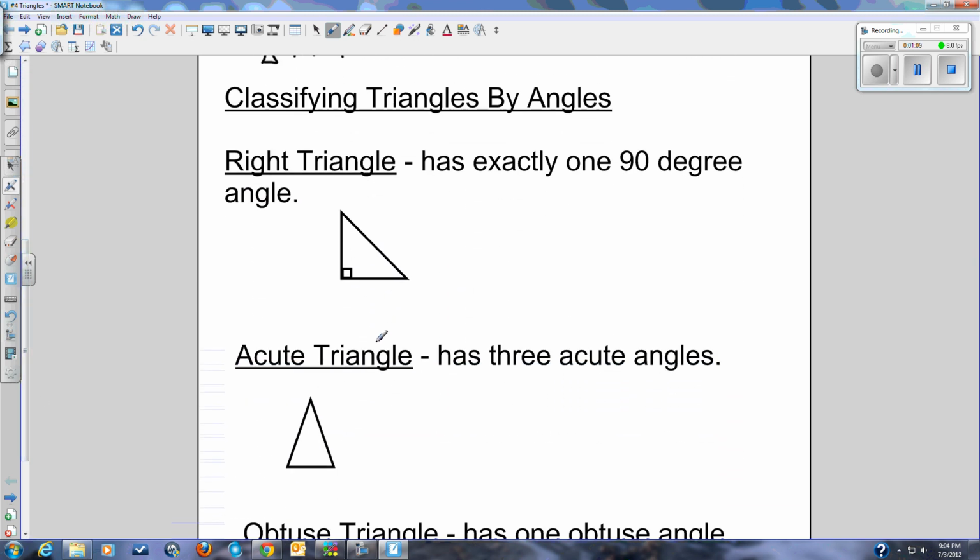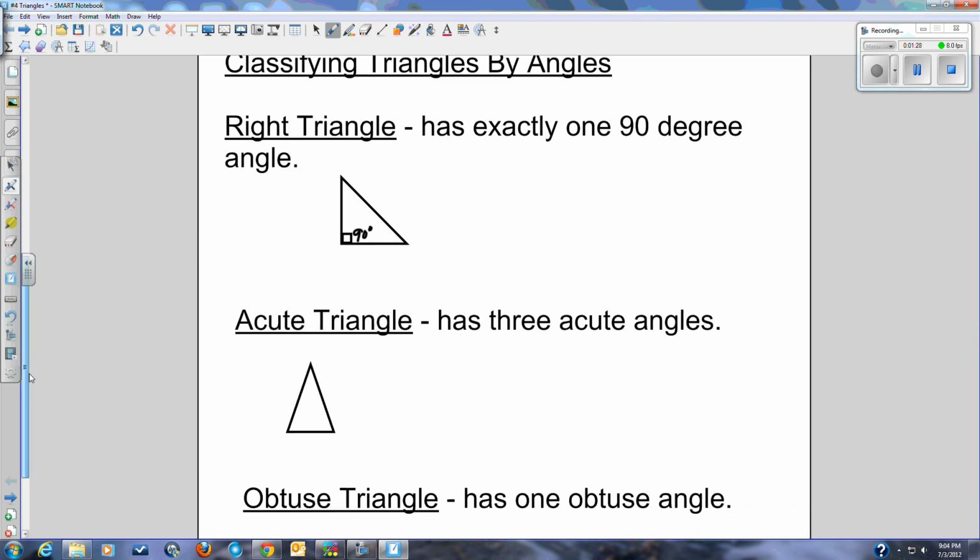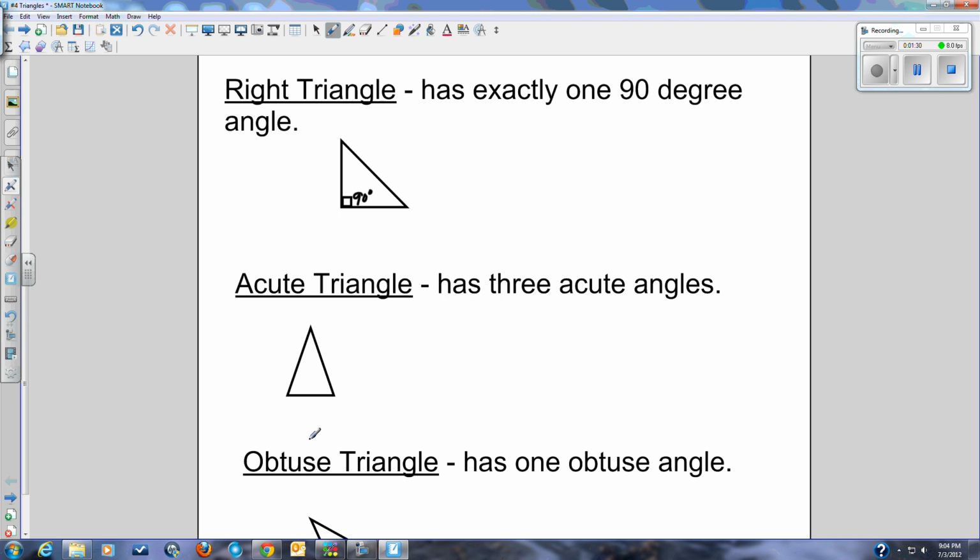Classifying triangles by angles. A right triangle has exactly one 90-degree angle, and I've drawn a picture of what a right triangle looks like right here. You can see the 90-degree angle that I have marked. An acute triangle has 3 acute angles.